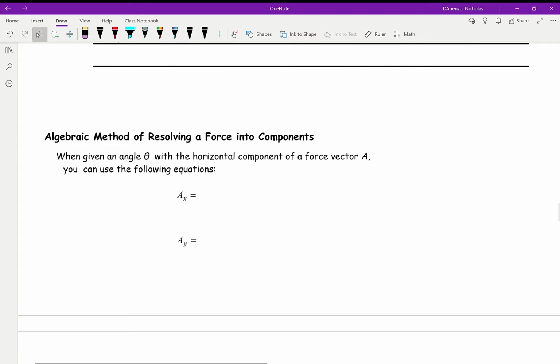The algebraic method is a little bit easier. As long as we know the angle that the vector forms with the horizontal axes, we can use the algebraic method outlined here.